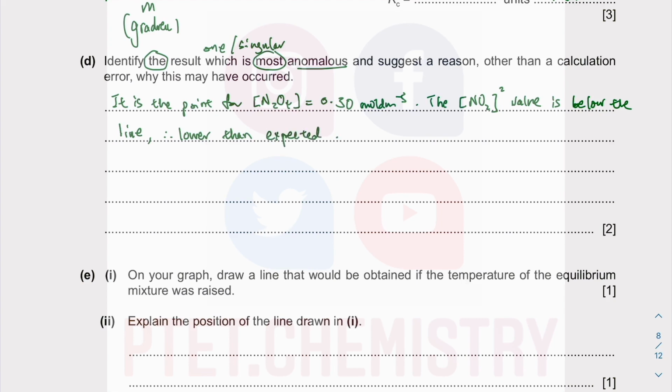So we have this equilibrium earlier, right? N2O4 going to 2 NO2. We have the reading of this at 0.30. So what is the concentration of NO2? Lower than expected, therefore NO2 also lower than expected. So you get the square from this at first, so that one also lower than expected. So you need to think about what can cause your NO2 to be lower than expected.